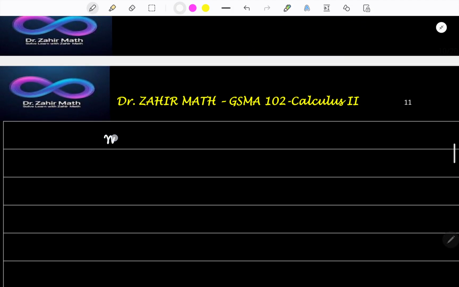Let's go for finding m. What is the formula for m? m is a very easy formula which is given by rho integral a to b, or 0 to 1. This question is 0 to 1, right? And this is f of x minus g of x times dx, right?